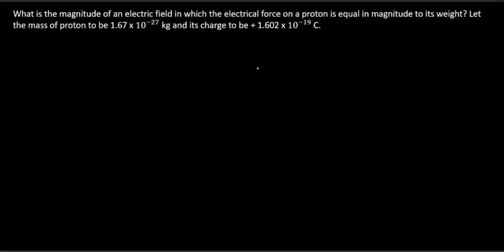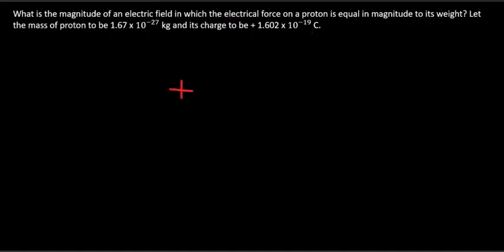Let's look at the following problem. What is the magnitude of an electric field in which the electrical force on a proton is equal in magnitude to its weight? Let the mass of a proton be 1.67 times 10 to the power minus 27 kg, and its charge be 1.602 times 10 to the power minus 19 Coulomb.